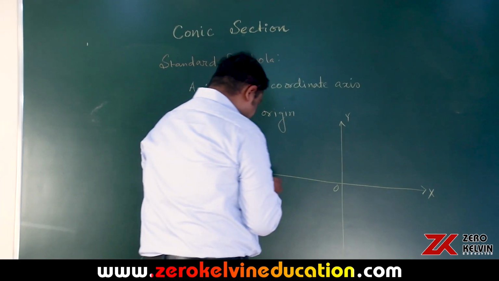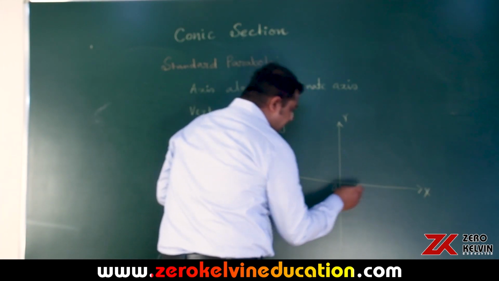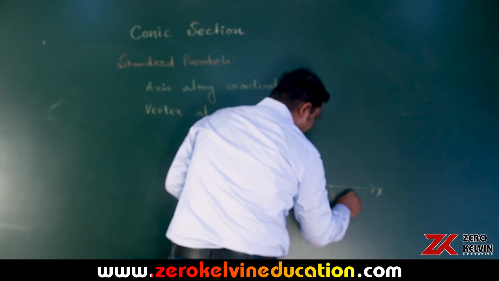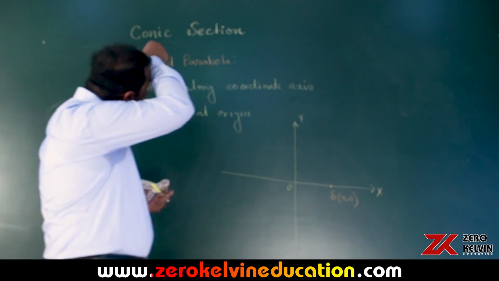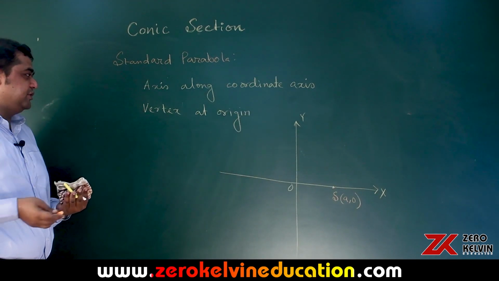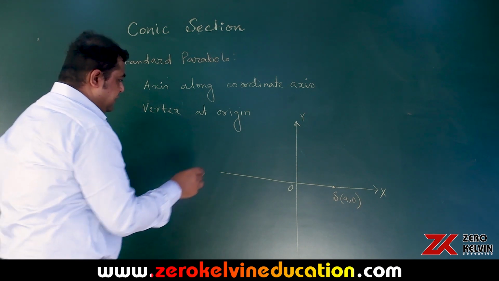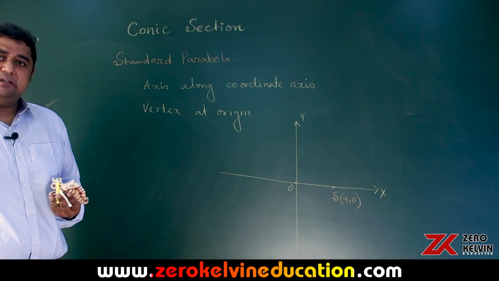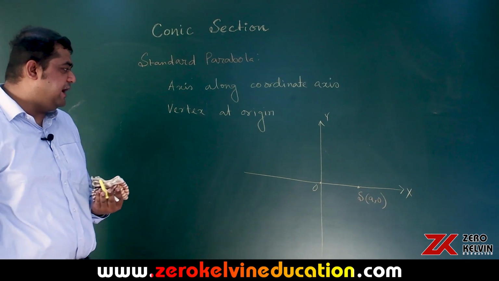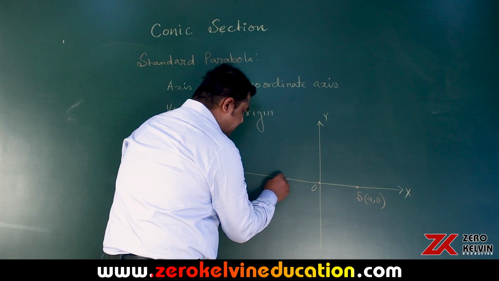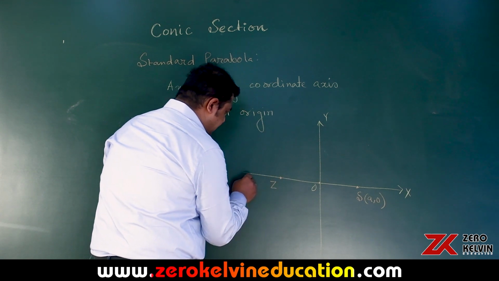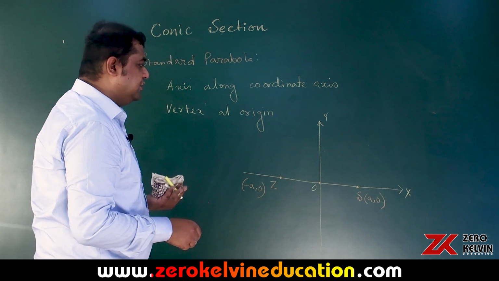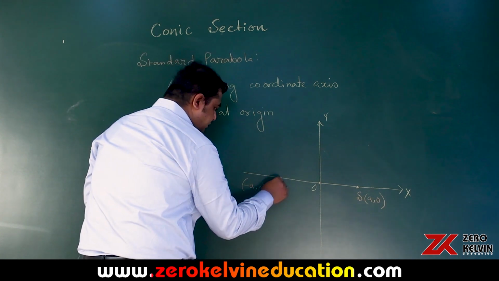The first variation that we are considering is that the focus is on the positive x axis, appearing as the point (a, 0). Now, with respect to this assumption, definitely the vertex origin must act as the midpoint of S and the point Z on the directrix. So, Z must be considered as (-a, 0). The directrix is a line perpendicular to the axis.